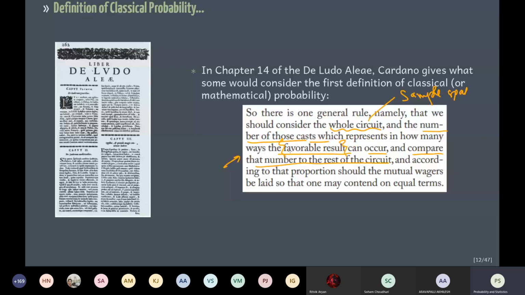And then we may talk about the proportion, or the ratio. So we need to consider the sample space, and we need to consider the favorable results that we are talking about. He had these things in mind.